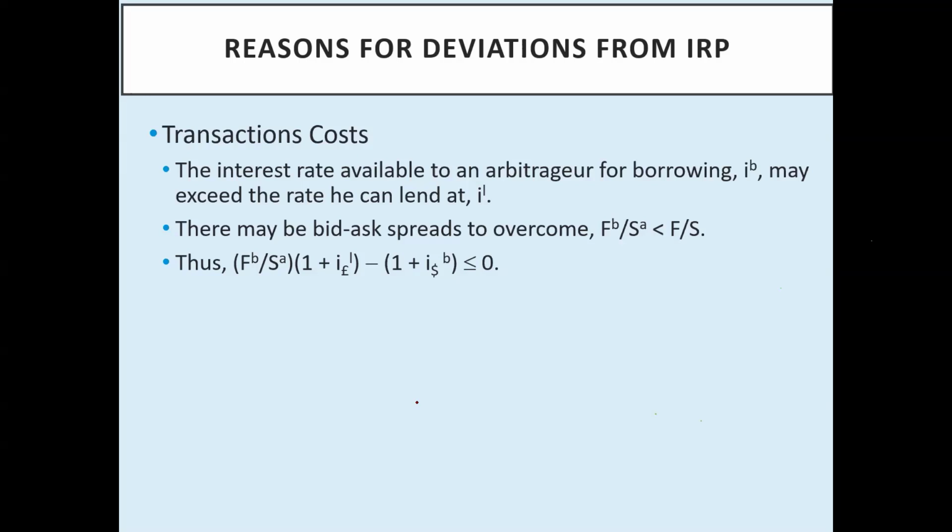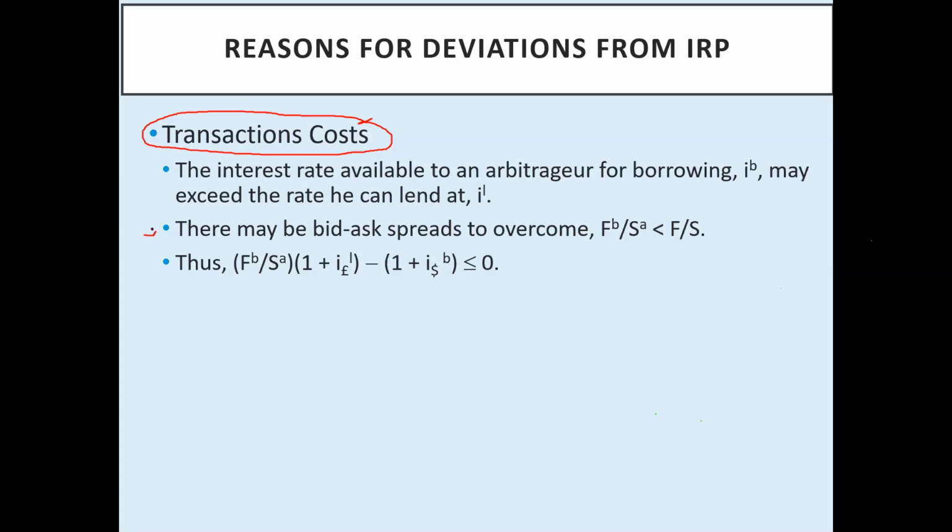We could explain the discrepancy by different transaction costs. For example, in our calculation before, we assumed that everyone in the US could borrow and lend at the same rate, which is the interest rate in the US. Similarly, for the UK, we assume that everyone can lend and borrow at the same rate in the UK. As a result, we can switch the direction easily without having to change our rate.